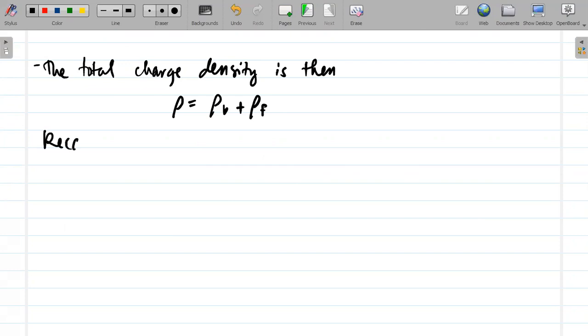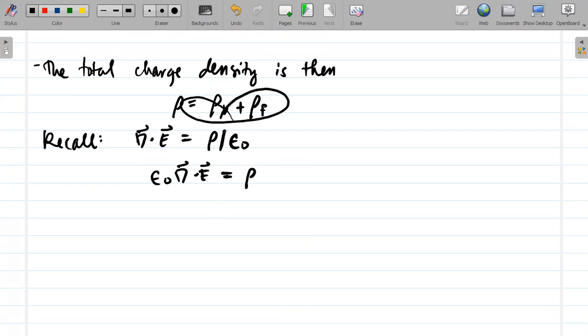Now let's recall Gauss's law. Del dot E is equal to rho over epsilon naught. So we have epsilon naught del dot E equal to rho. Now yung rho given dito sa taas, so we will get rho b plus rho f.